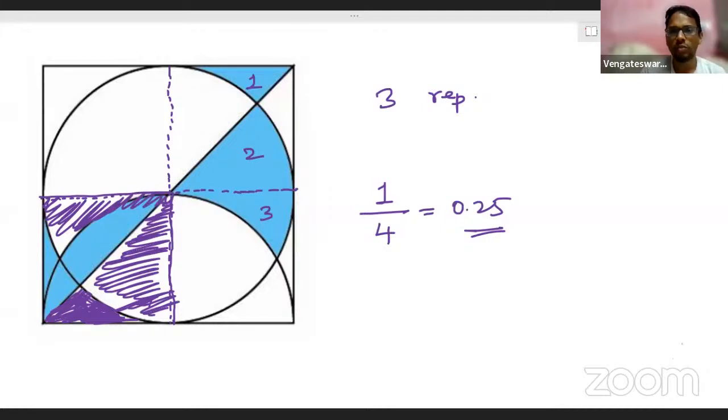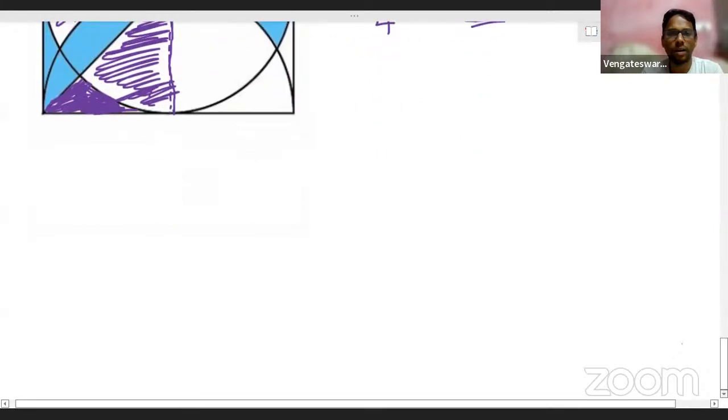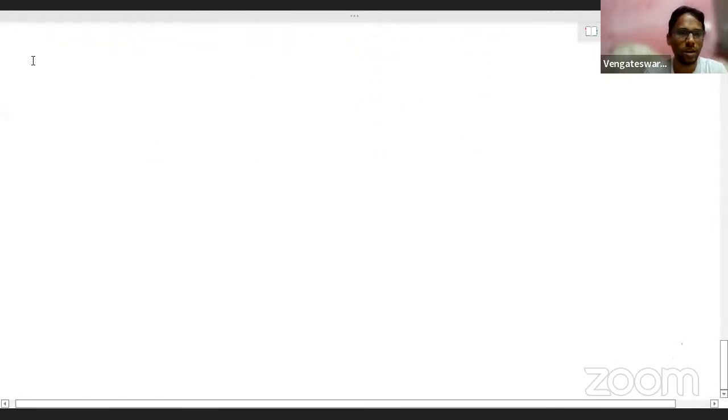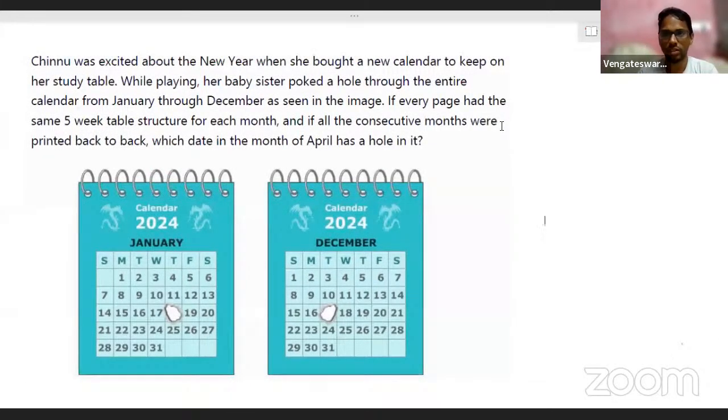So you need a small visualization. You need to have a small visual thought, but a careful arithmetic calculation you need to solve this problem. Come on, try this question. I want you to try this question. Please do that.